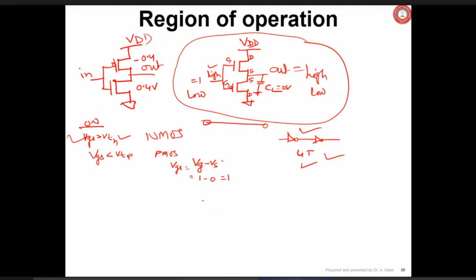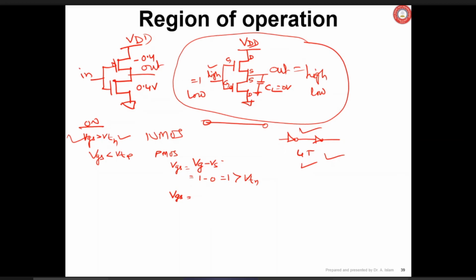Same is the case here also. So we see that VGS is 1 volt, which is greater than VTN. So NMOSFET will be on. Do you agree or not? Yes, sir. NMOSFET is on. What about the PMOSFET?